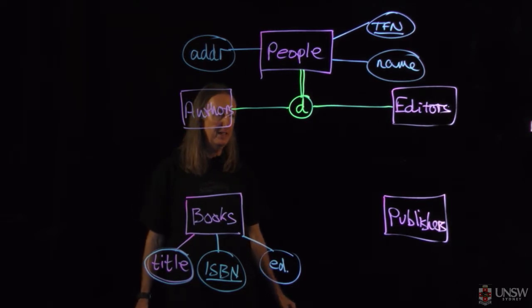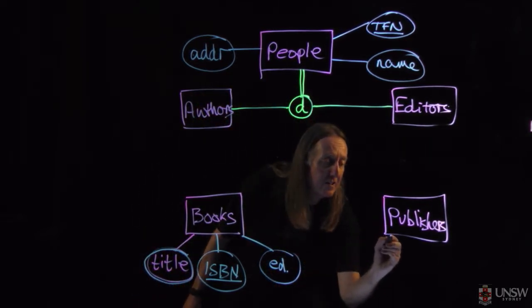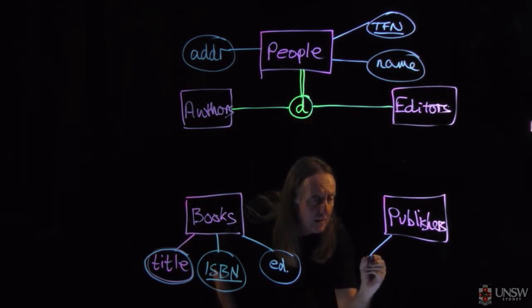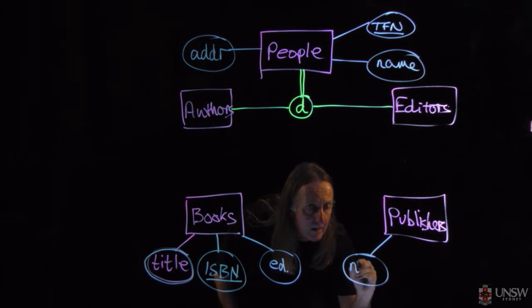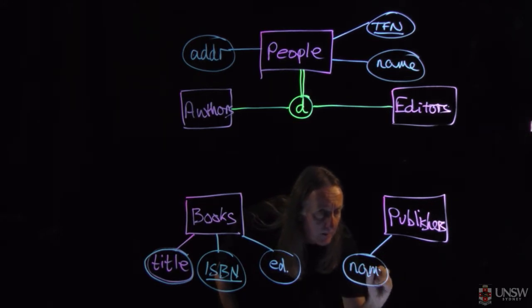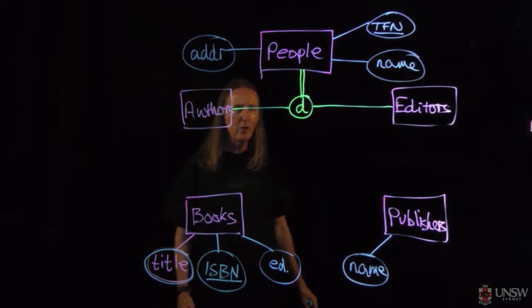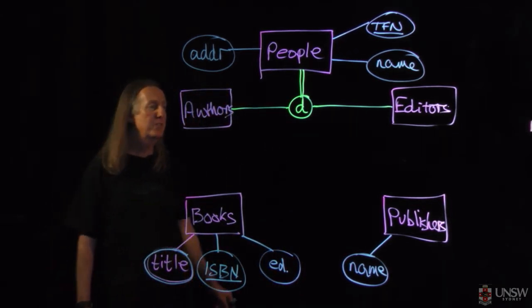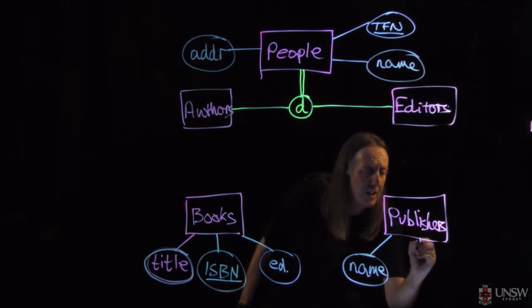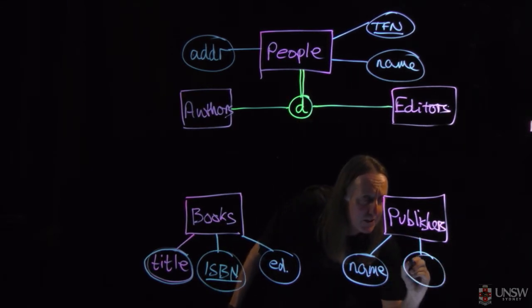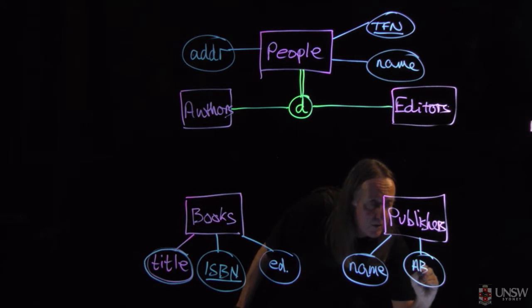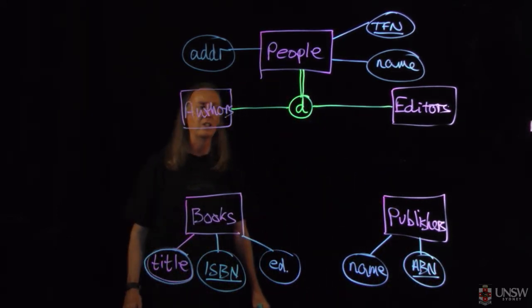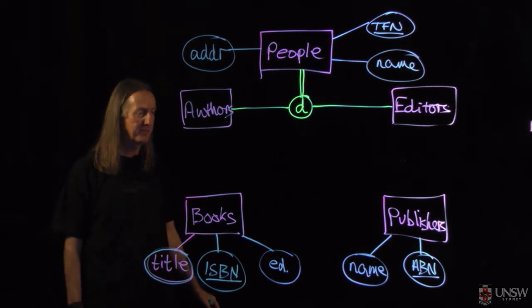Publishers have a name like Springer or Harper or Collins. That would probably be unique, but all publishers also have to have an Australian Business Number in the Australian context, and that's for tax purposes, and that certainly uniquely identifies a business, so it's going to uniquely identify the publisher.